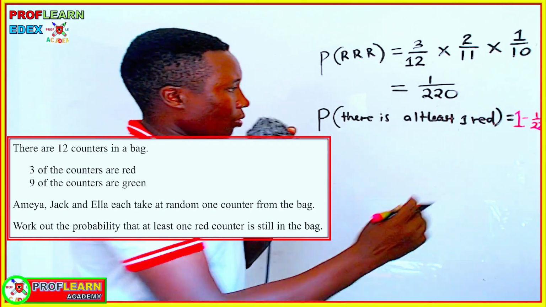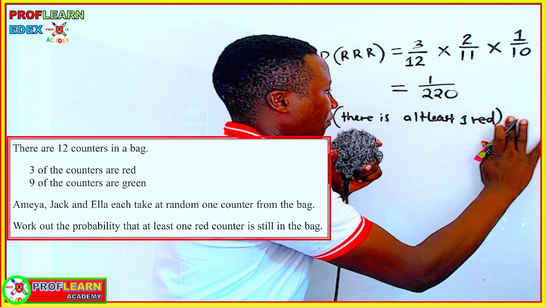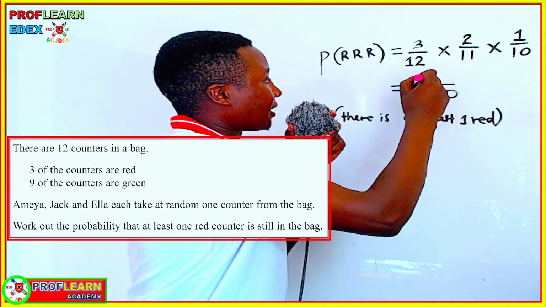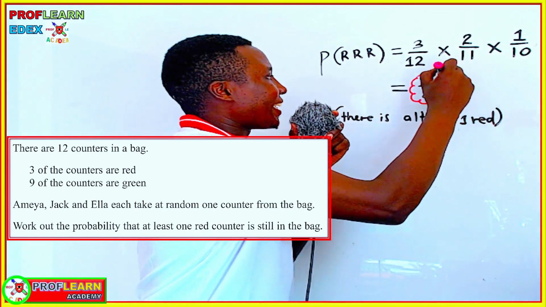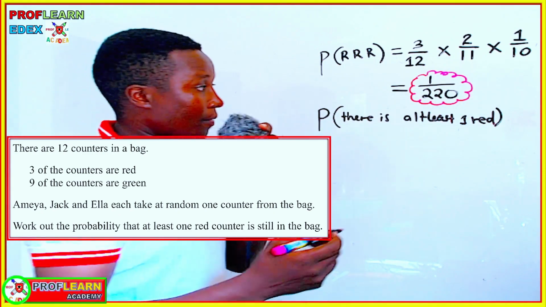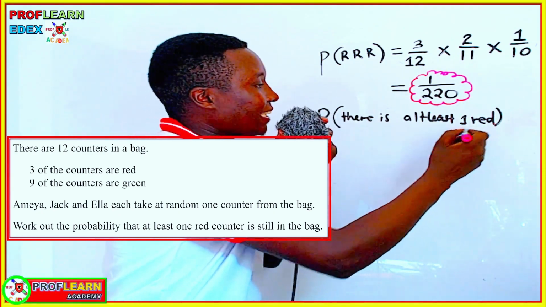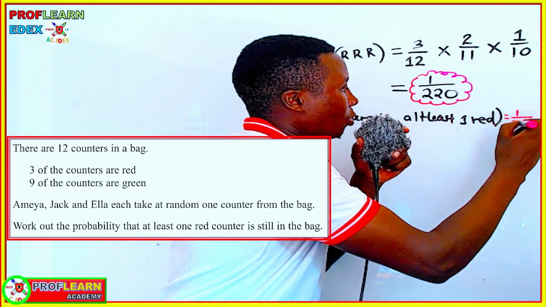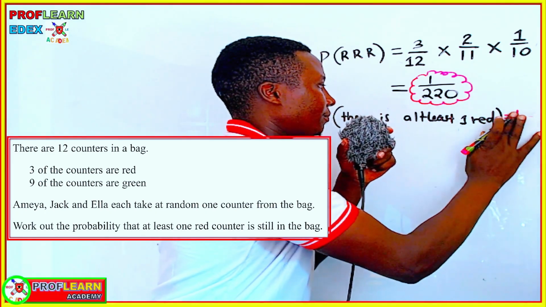That's what we are going to do. Let me try to move this a little bit. Because this represents the probability that all the reds have been picked, the probability that there is at least one red is going to be equal to 1 minus 1 over 220.